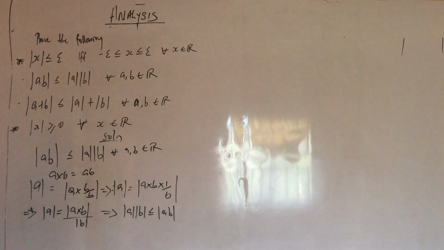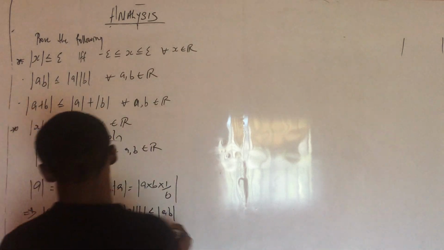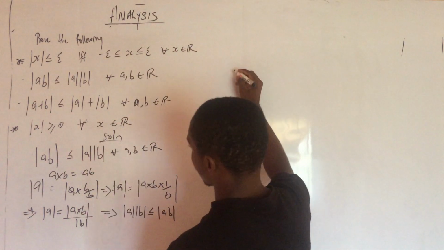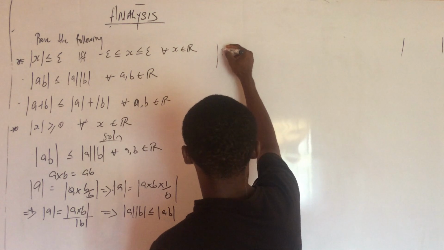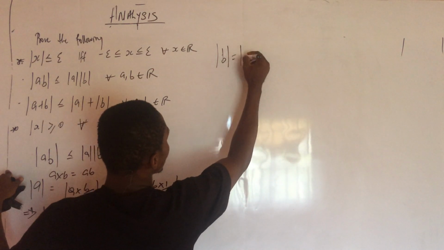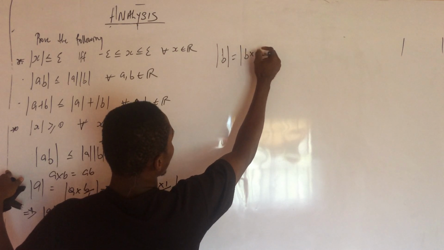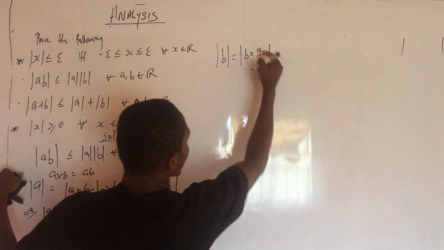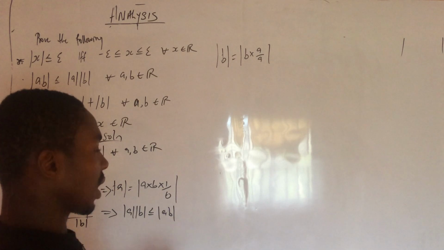So, this is it. Let's take another one. Let's take the one of b. Let's say the absolute value of b is equal to the absolute value of b multiplied by a over a. A divided by a is what? 1. B times 1 is what?